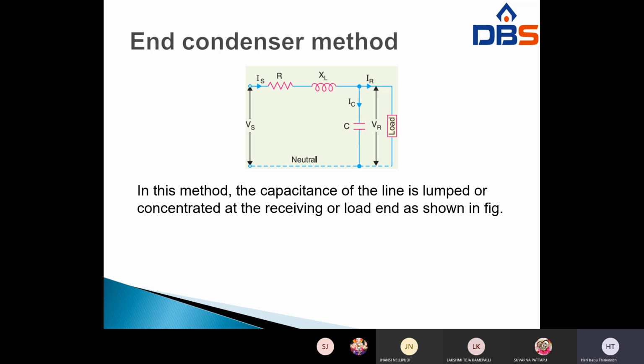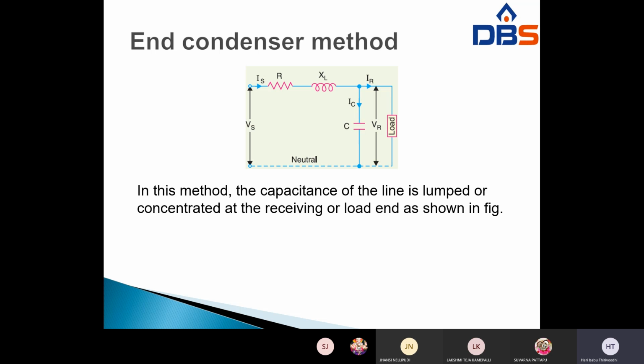Now three drops are there: IS R and IS XL. The IS R drop is always in phase with current IS, and IS XL always leads by 90 degrees. So the combination of VR plus IS R plus IS XL is nothing but the sending end voltage.